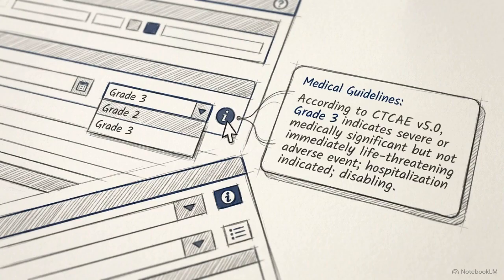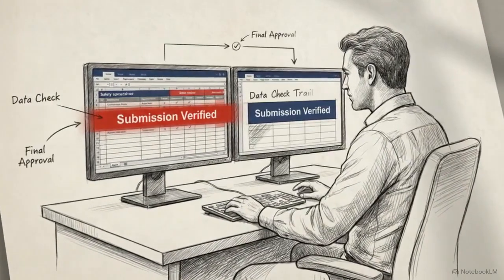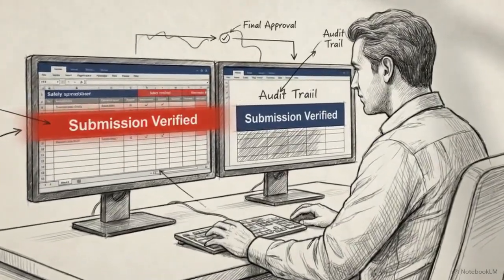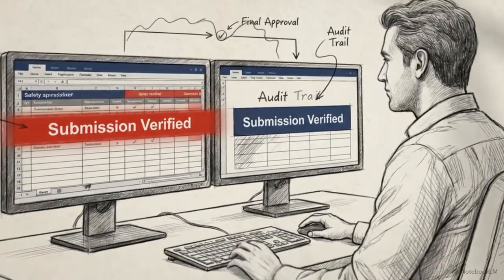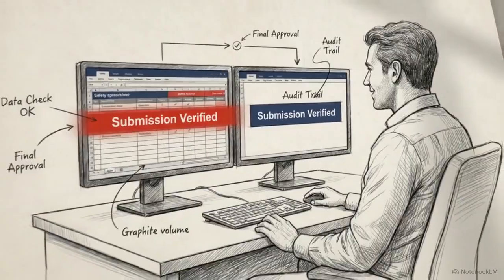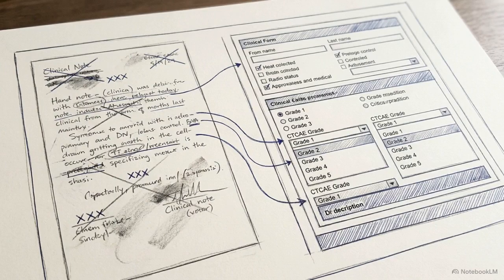Depending on study complexity, integrate guided descriptions or tooltips directly into the form to help site personnel verify grading choices. This core structure ensures every variable captured is structured, consistent, and ready for regulatory submission at the moment of entry. Mapping your architecture directly to the CTCAE standard eliminates ambiguity from your safety data.